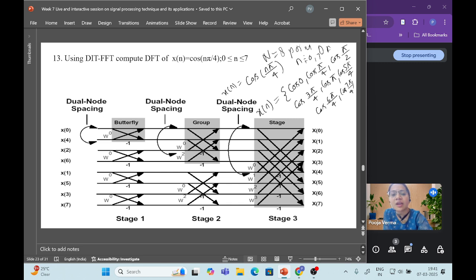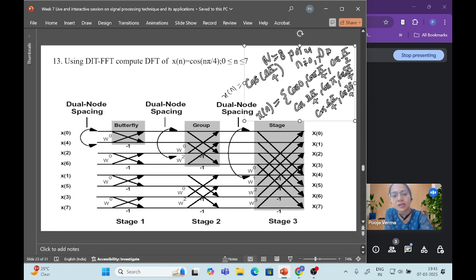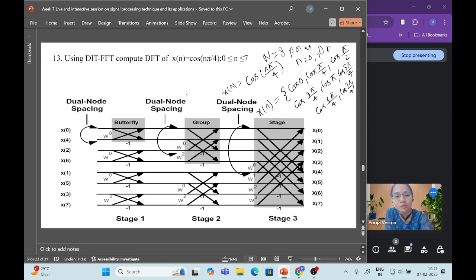Just putting n values 0 to 7, you will get the sequence. These are the sequence we have got.